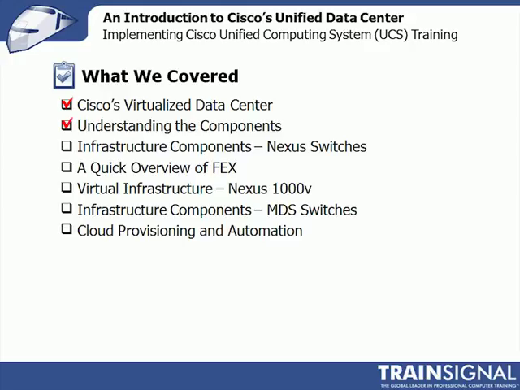We covered understanding the components, a quick snapshot into the different layers and the different pieces and parts. Then we dove in and talked specifically about the Nexus switches, the 5000, the 5500, and then the 2000s and the 7000s. Then I gave you a probably confusing overview of FEX, or fabric extension.